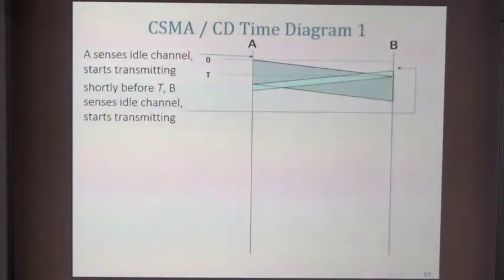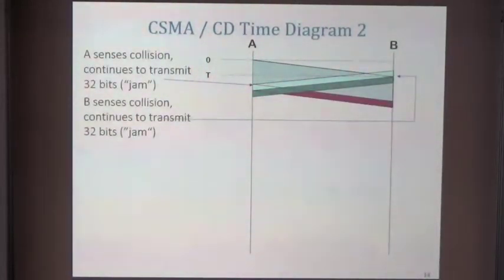I'm illustrating this on this sequence of space diagrams. A and B transmitting, and it's the same diagram as before. There is a small delay of vulnerability. Shortly before the end of this delay, B starts transmitting.